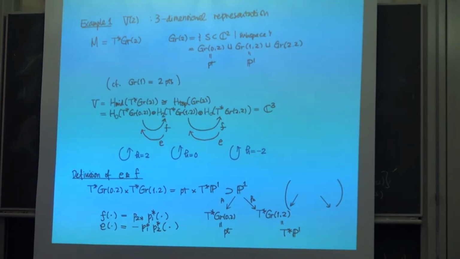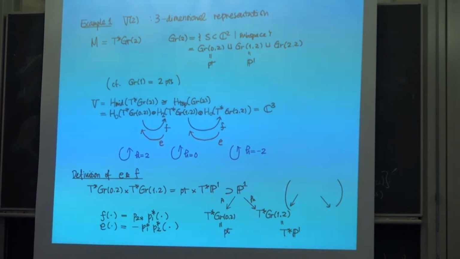And the Grassmannian of one-dimensional subspaces of C2 is just the projective line. I'm already considering complex numbers, so this is also a complex Grassmannian. And the Grassmannian of two-dimensional subspaces in the two-dimensional space is again a point, because the subspace must be the whole space.